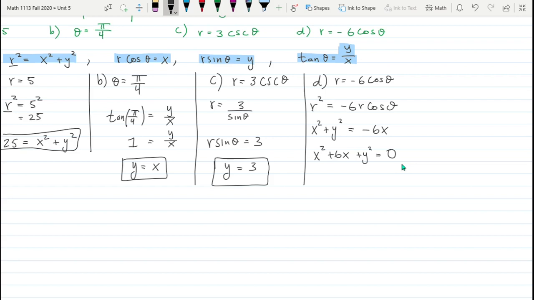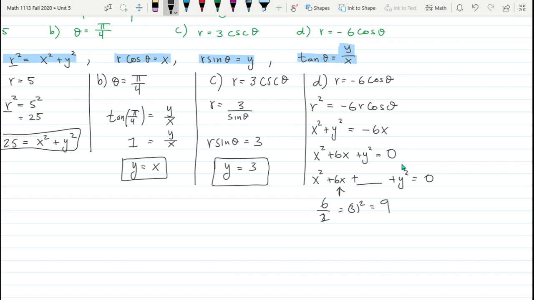So what we need to do is complete the square. We want to be able to factor this perfectly, and there is something missing here. We do that by dividing this number by 2 and then squaring it. So 6 divided by 2 is 3, and then we square it to get 9.